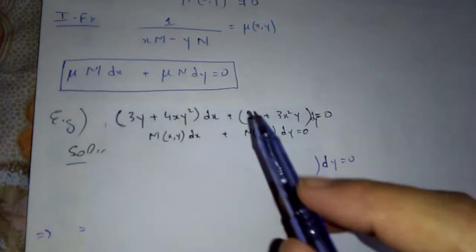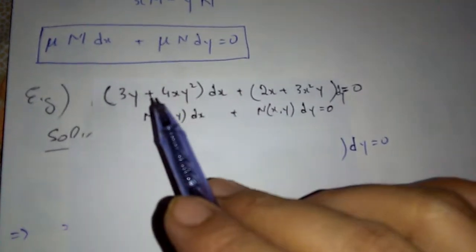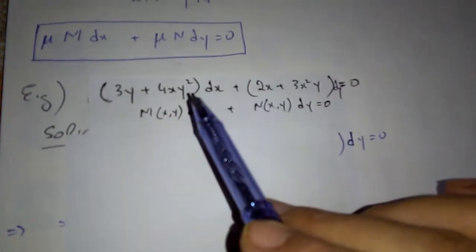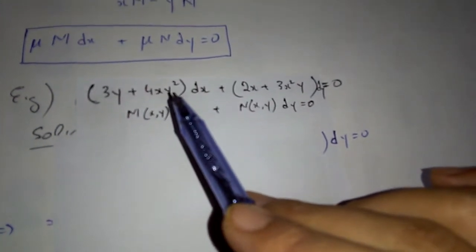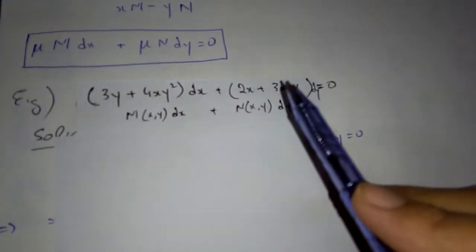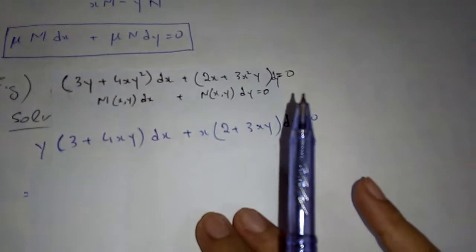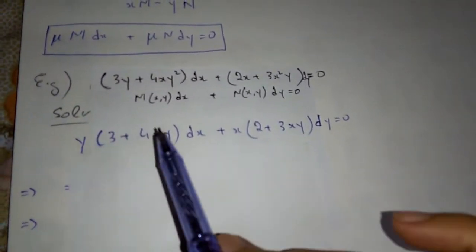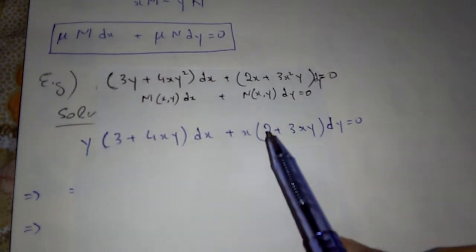This differential equation, or the left hand side of this equation, clearly reveals that I am able to take y common from this part and x common from this part quite easily. I've just taken it out already here, you can see. So you can see that this function is totally different from this function, right?